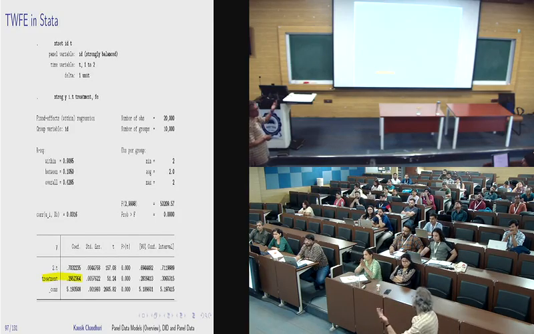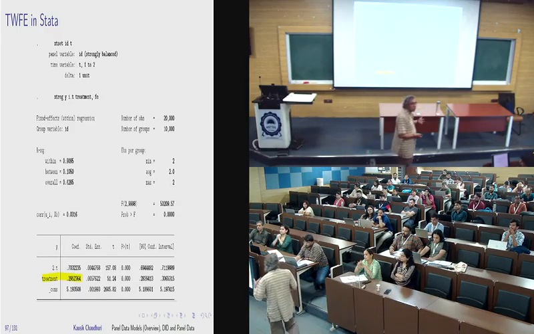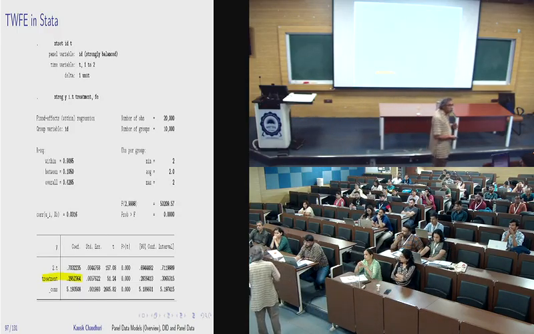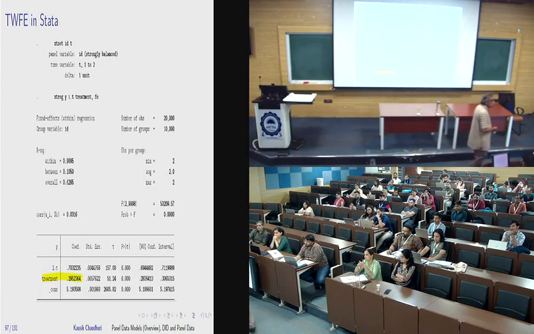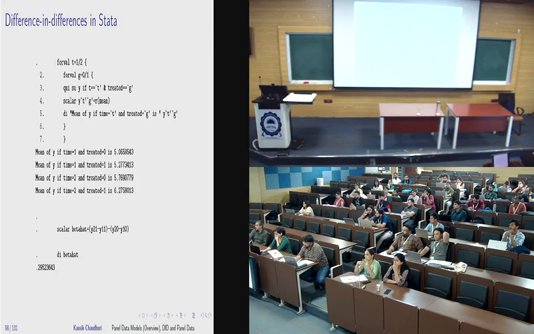So basically, can I understand what DID is instead of blindly following what Stata is doing? That's one of the ways you can simply think of doing it. And it's a very good exercise in my mind to do it exactly in this way, because then you really understand your slides better. Clear?